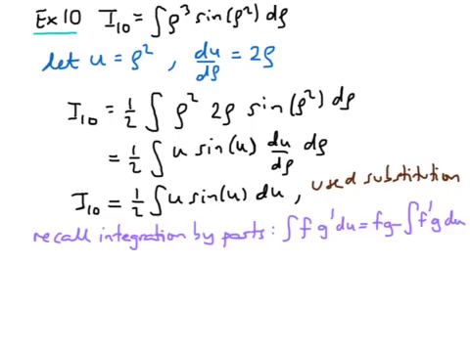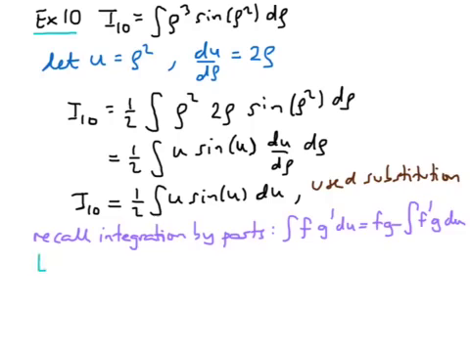What we have to do now is to choose in this integrand which of our 2 factors we're going to call f and which we're going to call the derivative of g. To do that, we're going to use our mnemonic LATE.